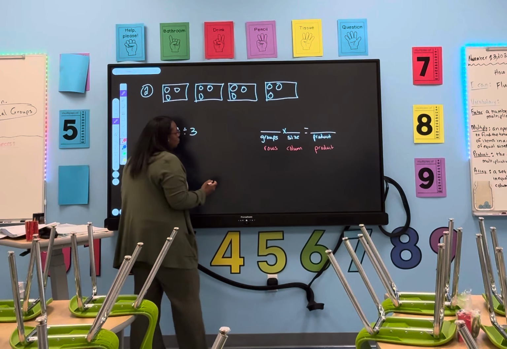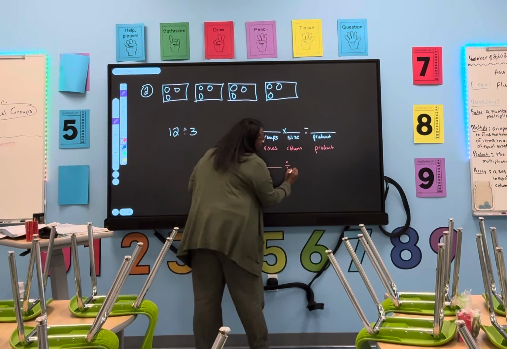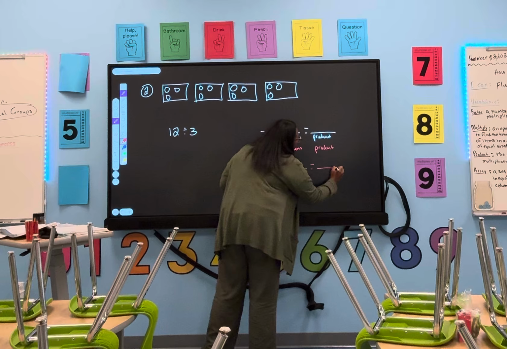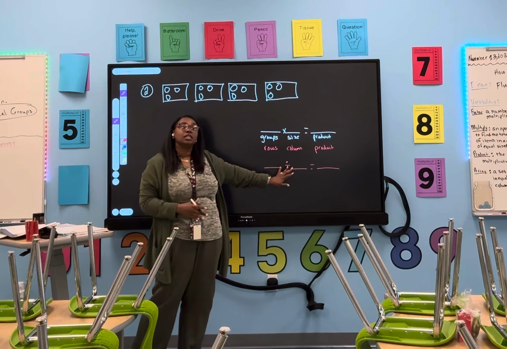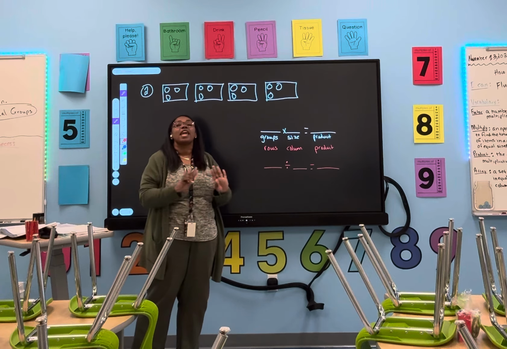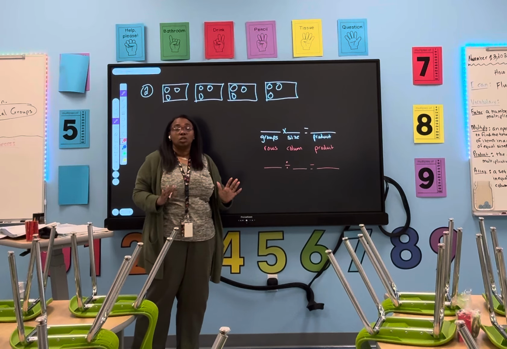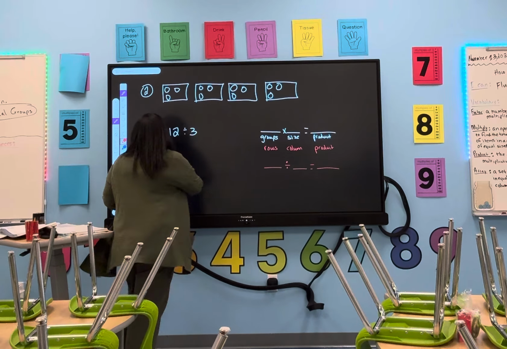So I'm going to go ahead and draw the lines for my division equation. And I told the kids that the first line in your division sentence is always going to be your total. That is never going to change. So the first number is always the total.